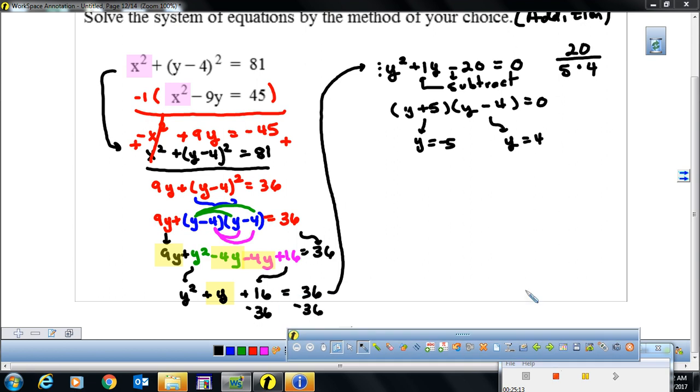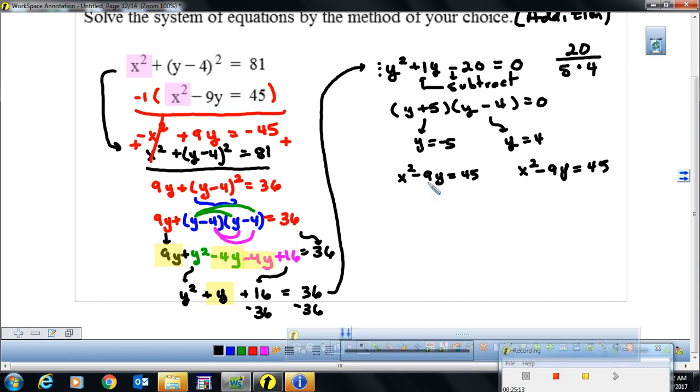Now to find the values of x for these intersections, we have to replace these values of y into one of the two original equations. I'm going to use the simplest one to me, which is the bottom equation. So it is x squared minus 9y equals 45. I'm going to do it for both.